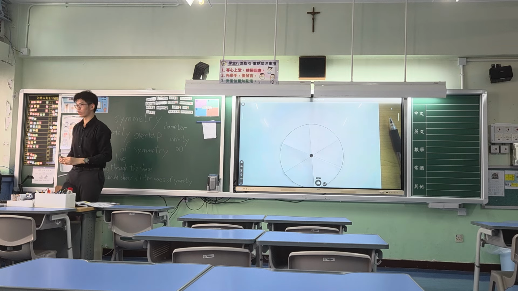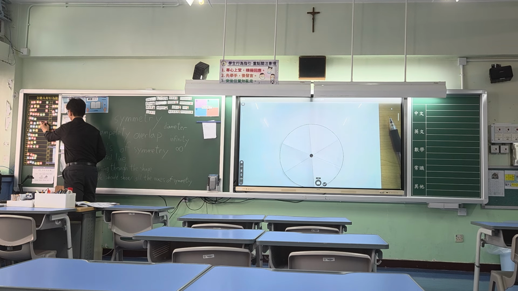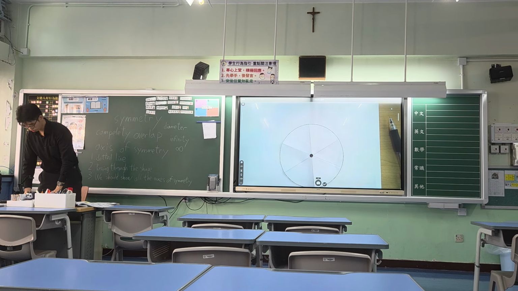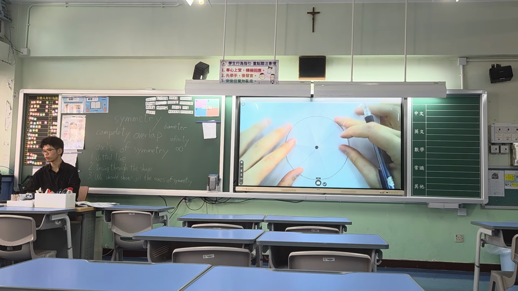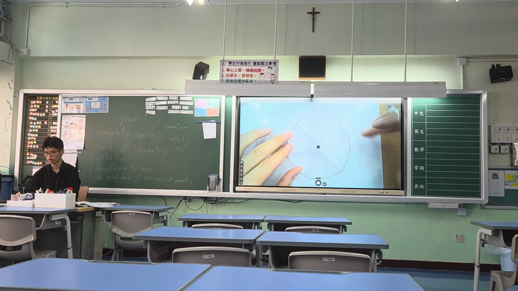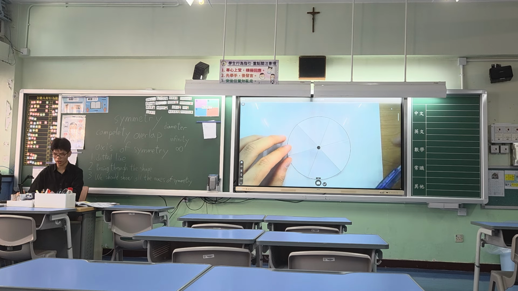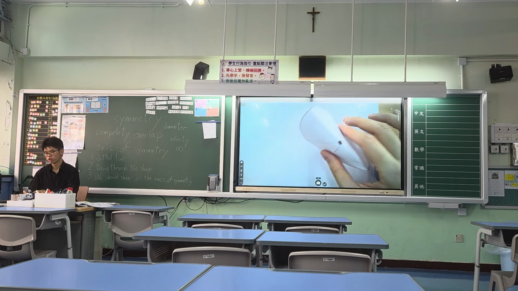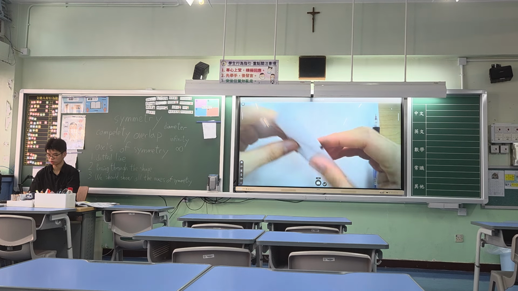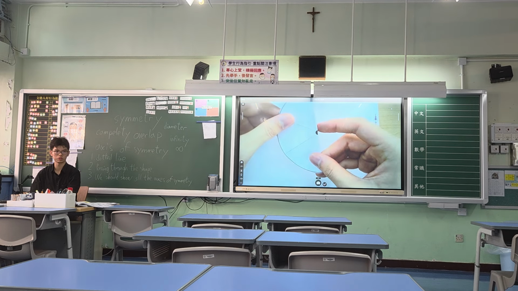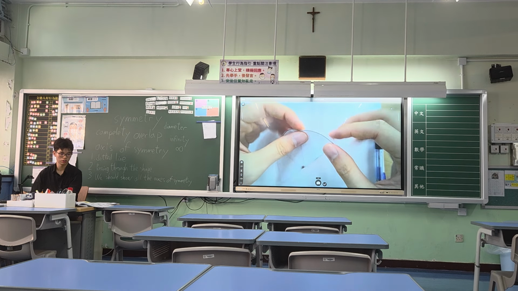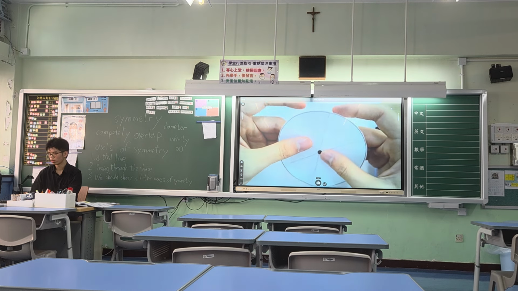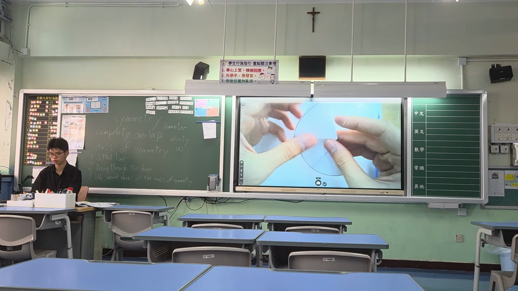So we can draw infinite numbers of diameters of a circle, which means the diameter is also an axis of symmetry of a circle, which means we will have infinite numbers of axes of symmetry for a circle.